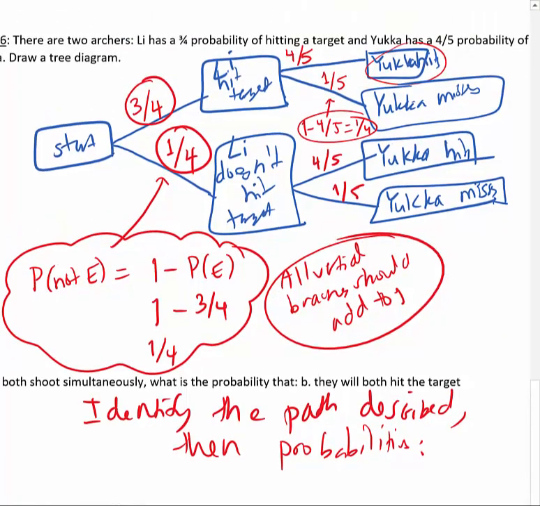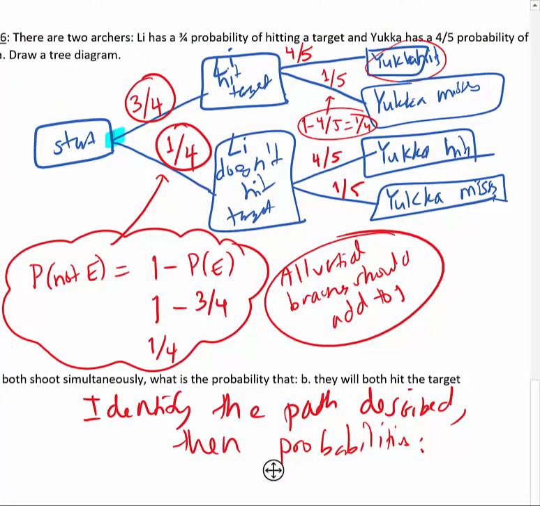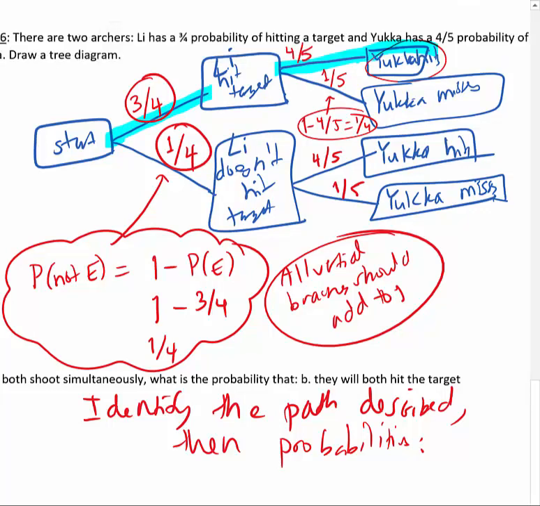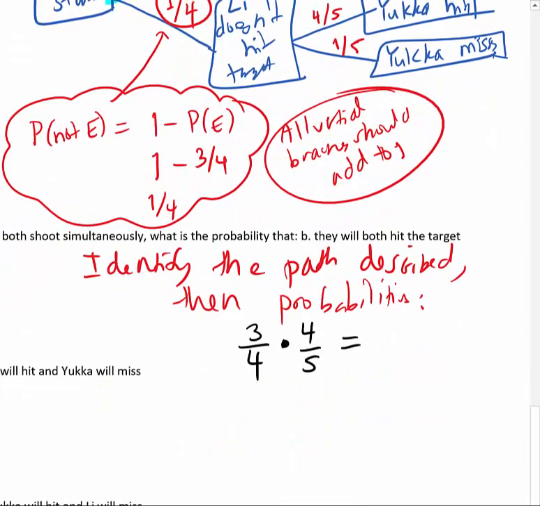They both hit the target, so from the start, Lee hits the target and Yuka hits the target. So I went down that branch. And once I've highlighted the branch that I want, I'm going to multiply the probabilities together. It was 3/4 probability that Lee hit the target, and then 4 out of 5 probability that Yuka hit the target. You could multiply across, but those are going to reduce to give you 3/5. So there's a 3 out of 5 probability that they'll both hit the target.